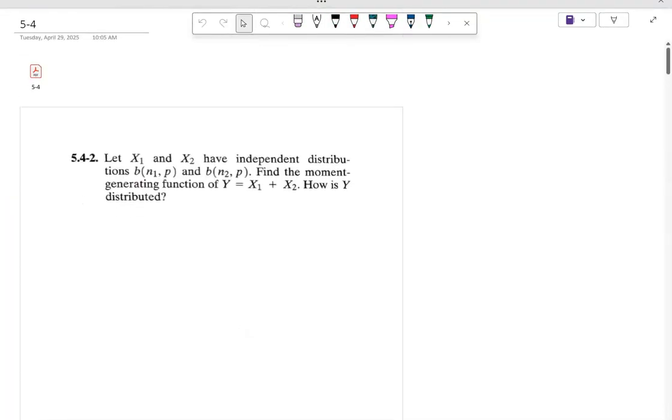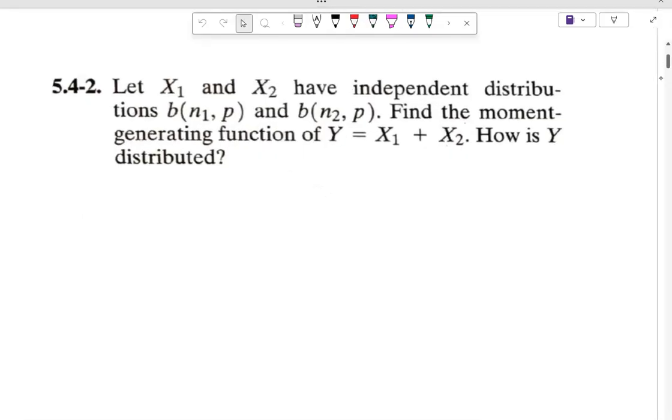So let's look at this first one. It starts with 2 independent binomial distributions, and then asks us what the moment generating function is for the sum. Okay? So the first thing we need to remember is that if x is binomial with parameters n and p, then the moment generating function for x is what?